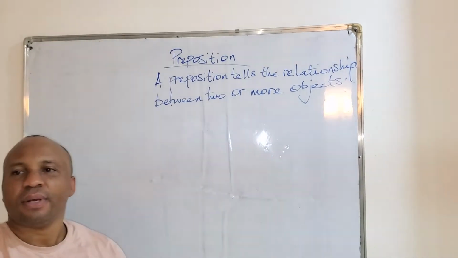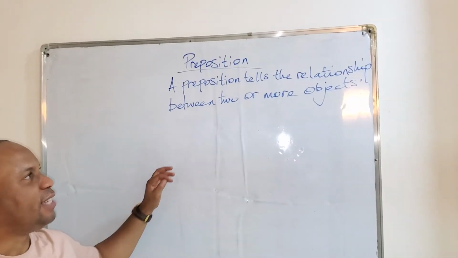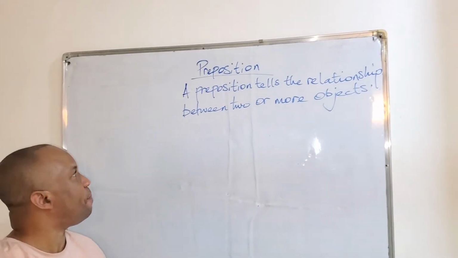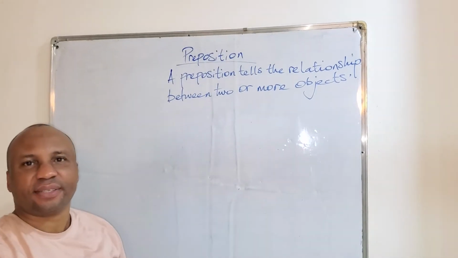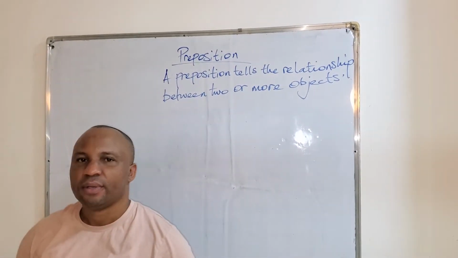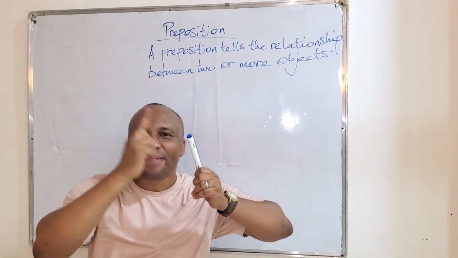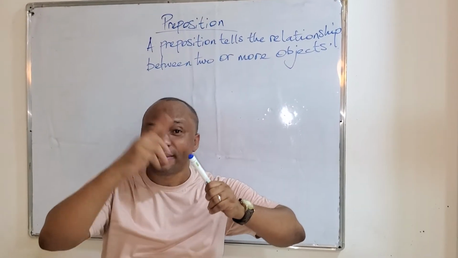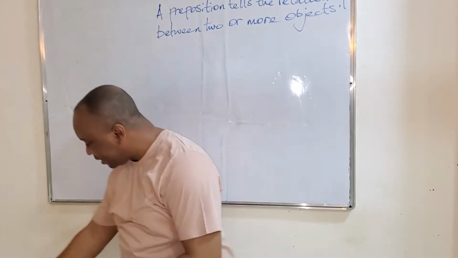Preposition. Ladies and gentlemen, a preposition tells the relationship between two or more objects. So we have two objects, the marker or pen, and the table.